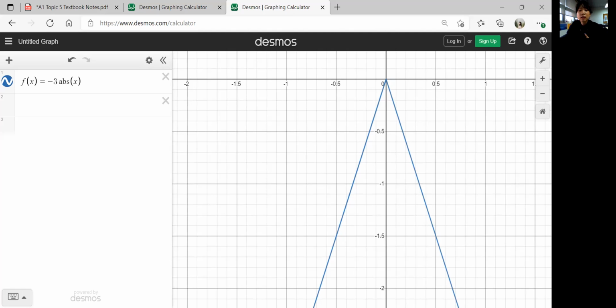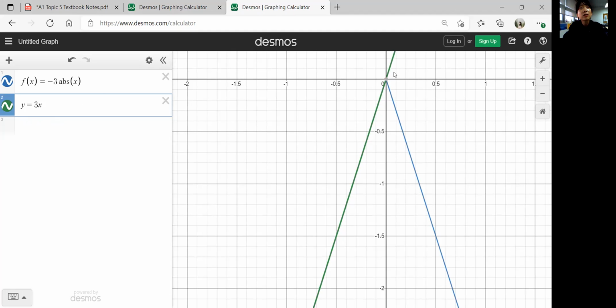So what is it? 1.5 divided by 0.5 is 3. So your line here could be y equals 3x. You see that? It maps exactly on the left part of the function, right?